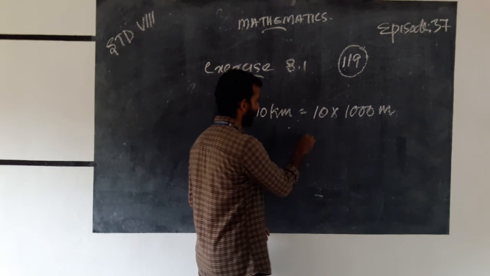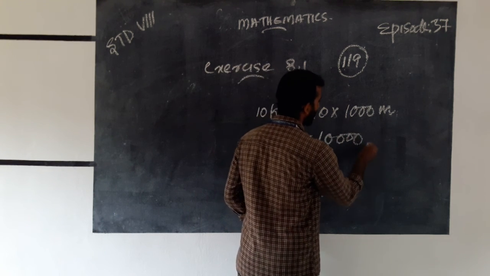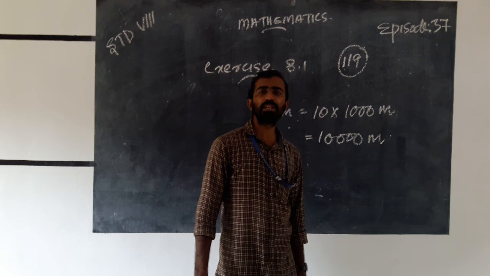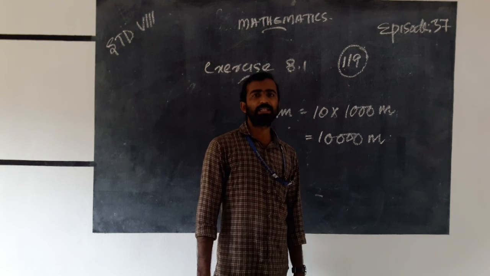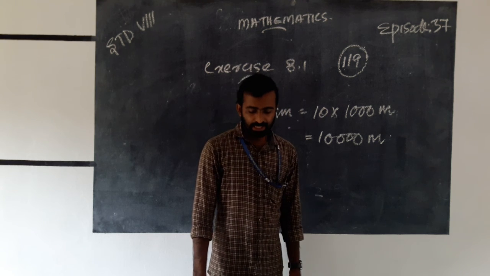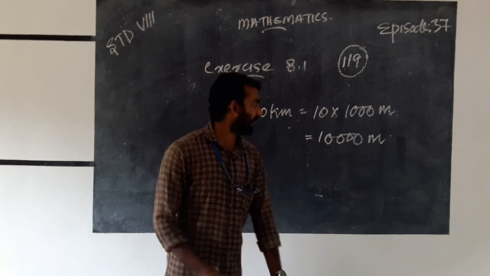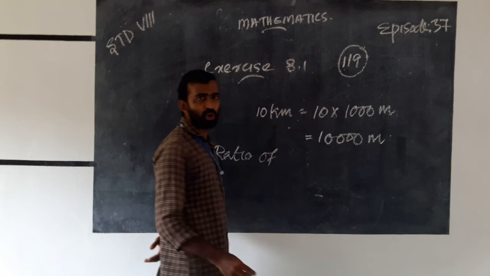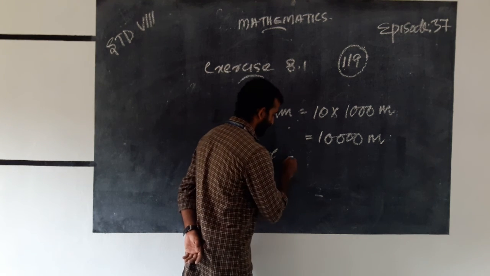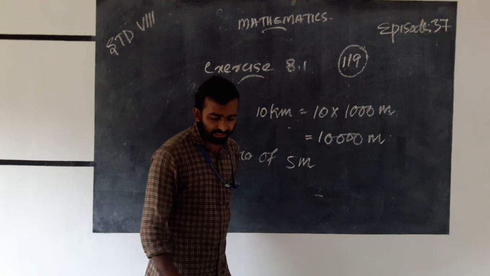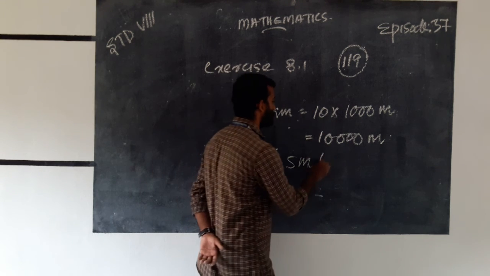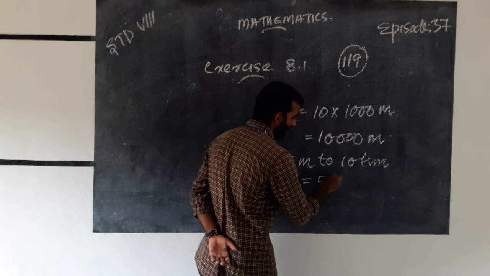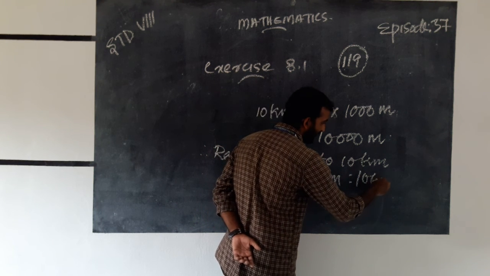Yes. That is, we get 10,000 meter. Therefore, the ratio of 5 meter is to 10 kilometer.